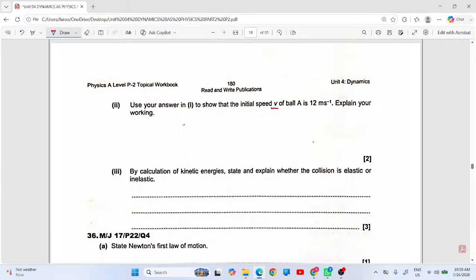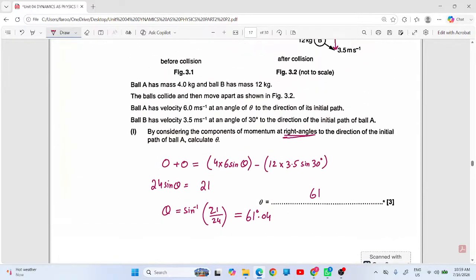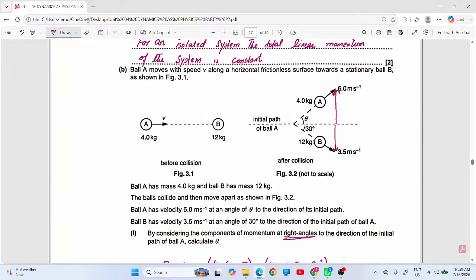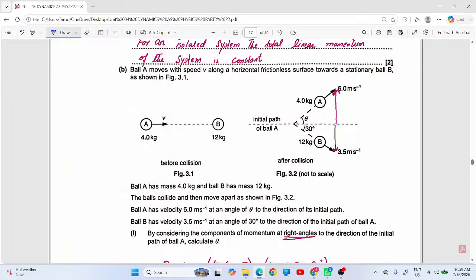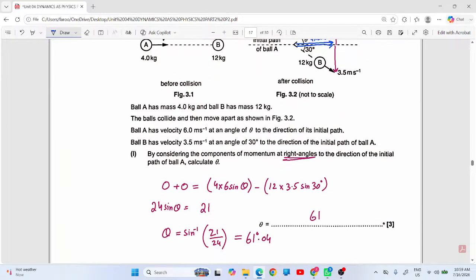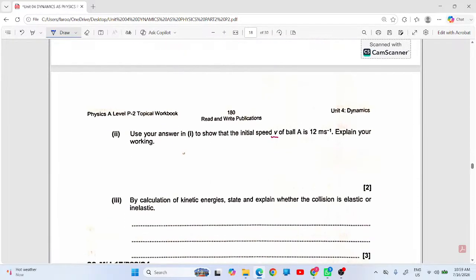Now we have to consider the horizontal components, because on the x-axis the horizontal component of A is 4 cos theta. Right? So initially the horizontal component will be what?